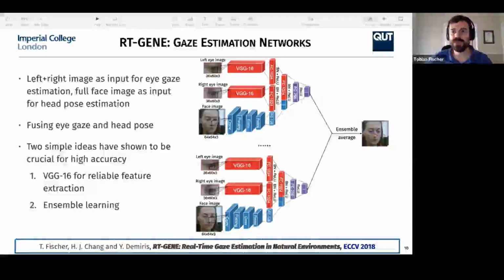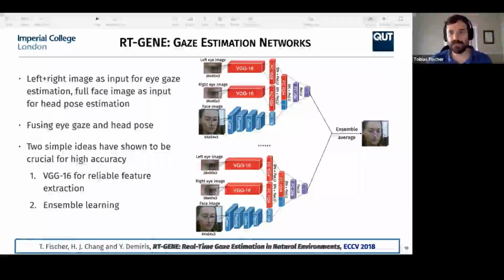So the question then is, given this data set of training images, how do you actually train the deep neural network? I don't want to go into too much detail here, but the trick is that rather than using a single network, we train multiple networks which are initialized with different weights and train them with the same training data. And you find if we then average the predictions of those different networks, the average prediction outperforms each of the individual models.